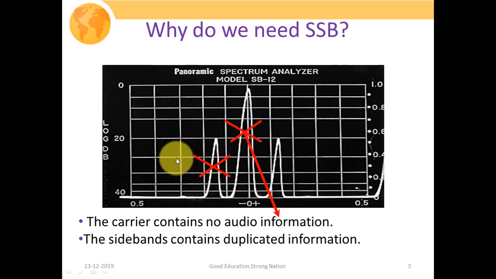So in these single sideband systems, we are basically suppressing our carrier signal as well as one of the sidebands, either the upper sideband or the lower sideband, in order to save power as well as bandwidth.